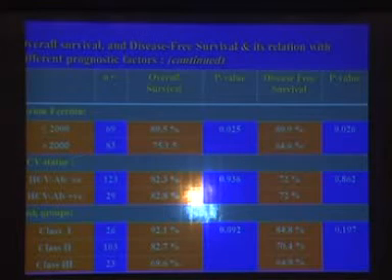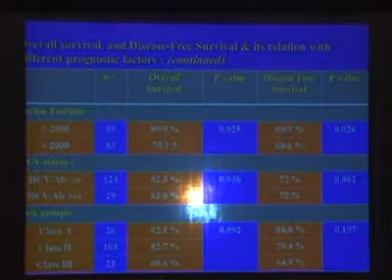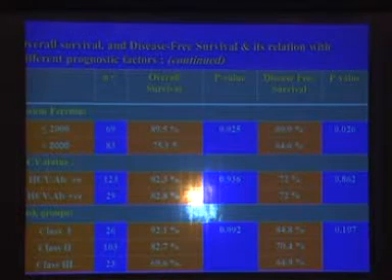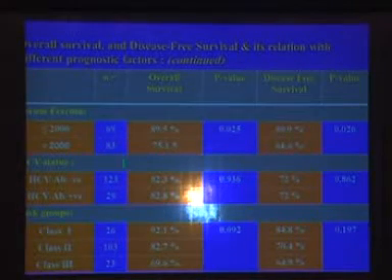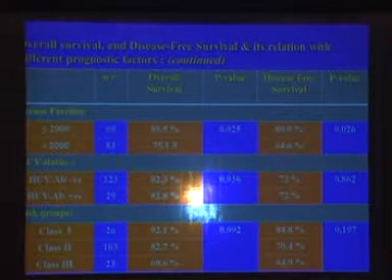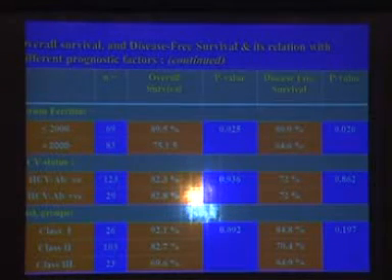When we looked into the HCV status before the transplant, there was no significant difference whatsoever between HCV positive and HCV negative patients. They have almost the same overall and disease-free survival.